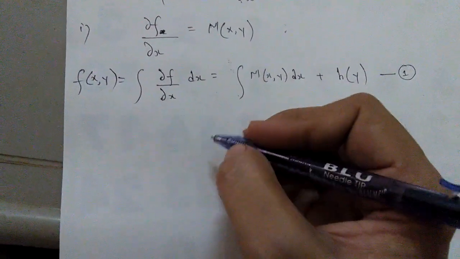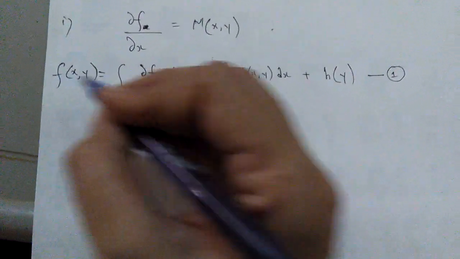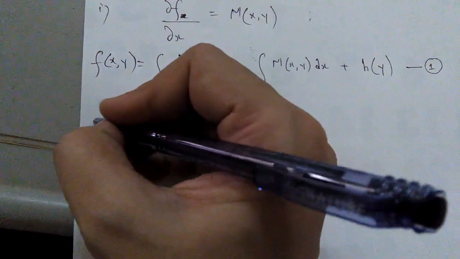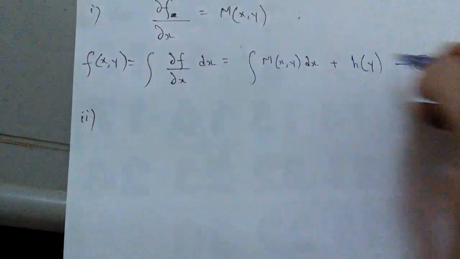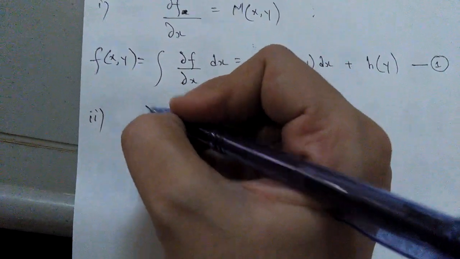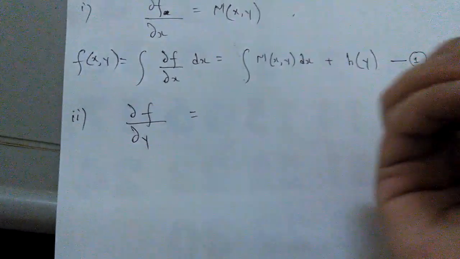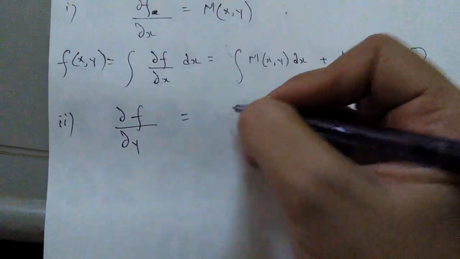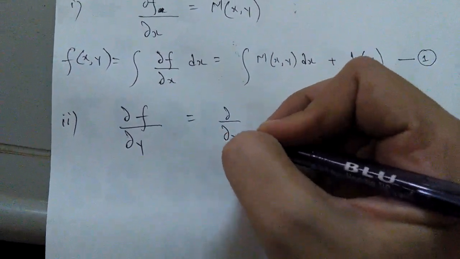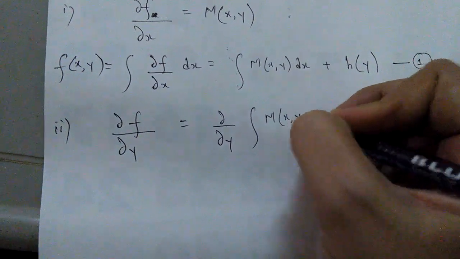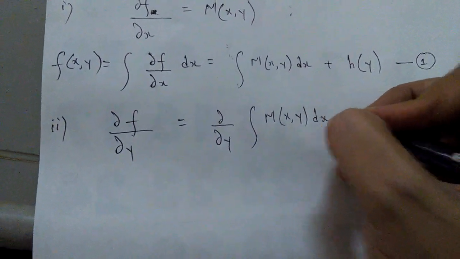After that, once you get your f, which is exactly this, you're going to differentiate in the next step. You're going to differentiate this equation with respect to y. These are simply the general steps that you have to keep in mind.